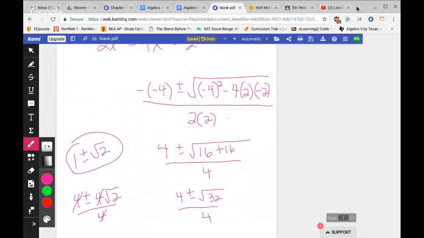And the square root of 2 is about 1.41, so 1 plus or minus that. Your zeros are going to be 2.41 or negative 0.41. Yeah, so those are going to be fun to graph. Roughly 2.5, I'd say, and a half.